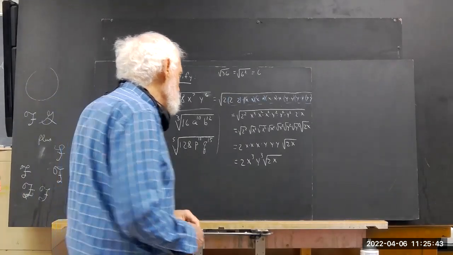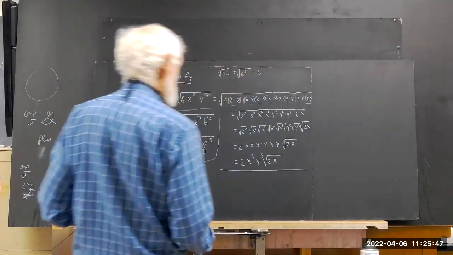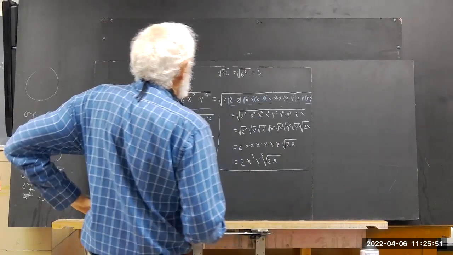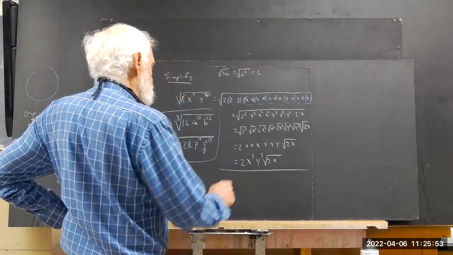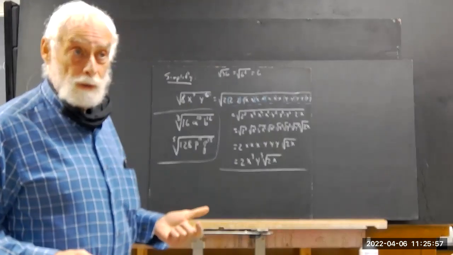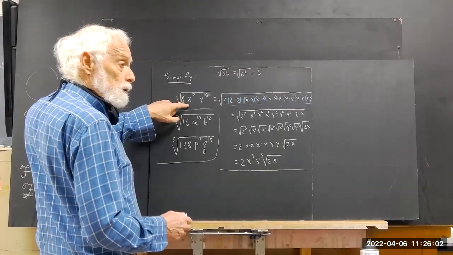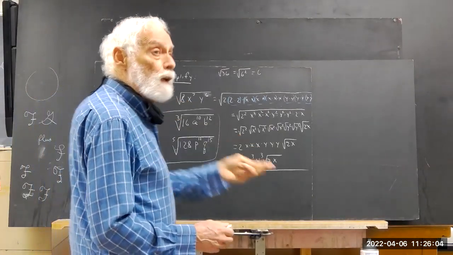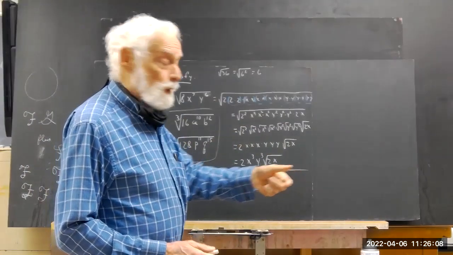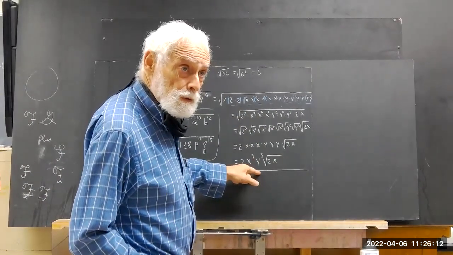So how can we do that a little shorter? Consider square root of x to the 7th. How would that be grouped? You'd have 3 groups of x squared and you'd have an x left over. So you don't really have to write all this out to see what's going to go on.